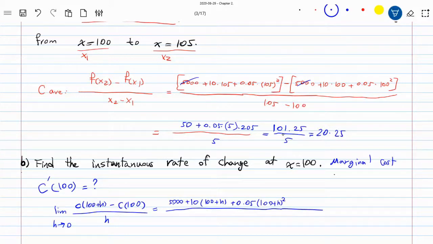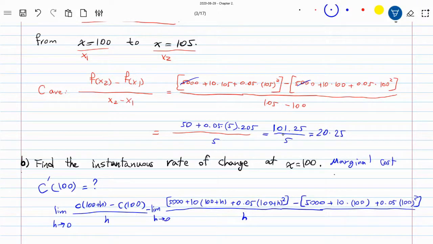Now minus C of 100, minus 5,000 plus 10 times 100 plus 0.05 times 100 squared. You have to calculate these numbers and subtract them from each other. There's a bracket, which means that the negative sign is for the whole thing. All divided by h. And I forgot the limit. Limit as h approaches 0.